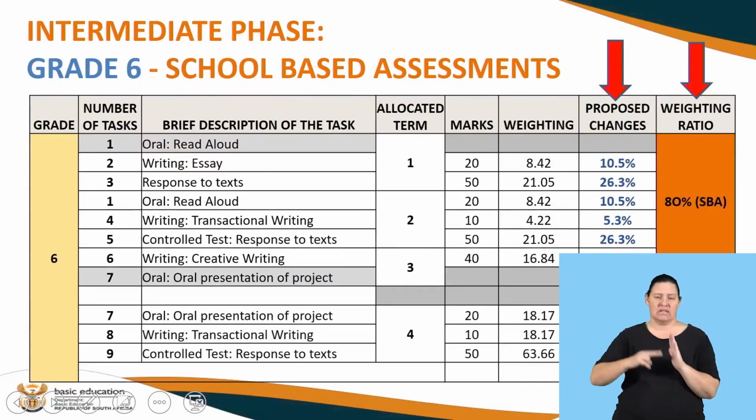Then of significance is that we have 3 response to text tasks because those are reading tasks, and the rationale why we have more reading tasks is that we are still having a challenge with regards to reading countrywide.